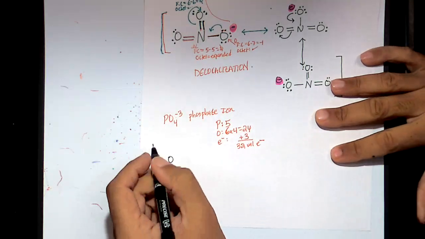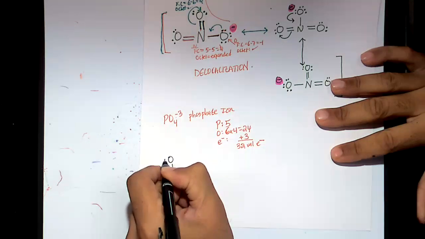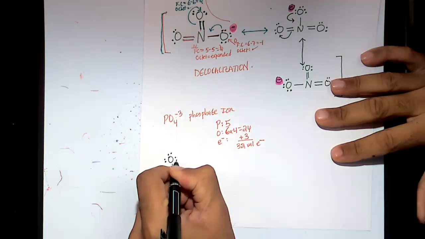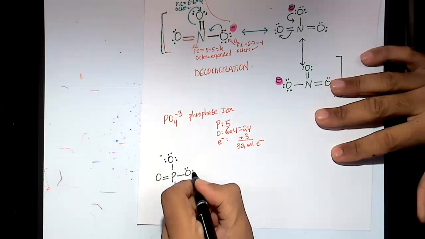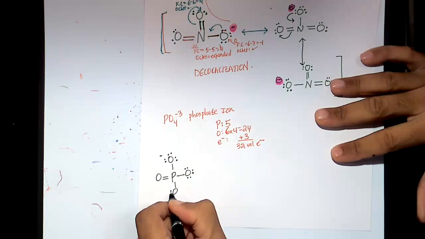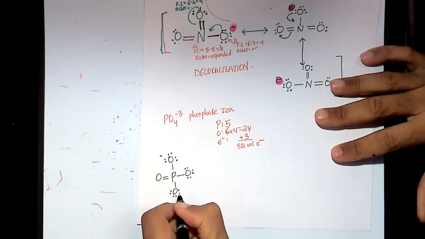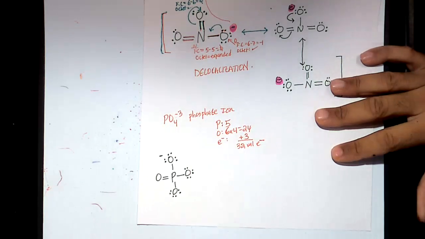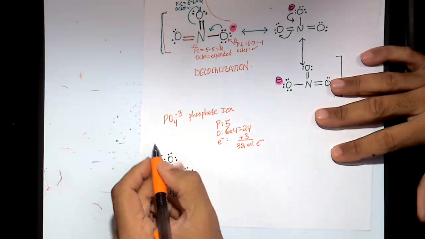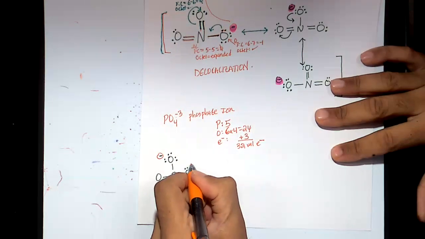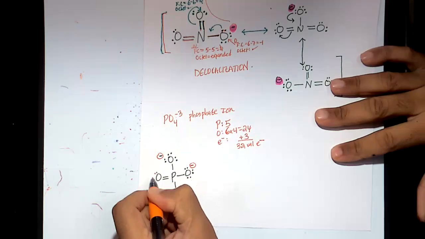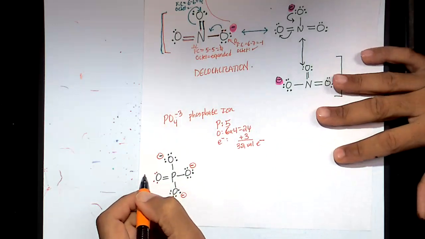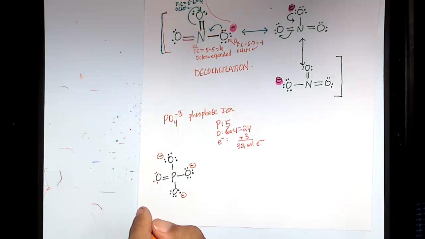Let's fill out the rest of our electrons. Here's our -3. Here's our -1. Here's our -2. Here's our -3. Don't forget we have 2 lone pairs on the double bond oxygen.